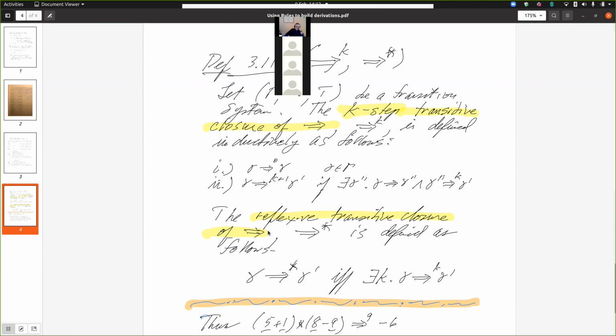And so this is the K-step transitive closure. And then the reflexive transitive closure of arrow, arrow star, is defined as follows. Gamma arrow star goes to gamma prime if and only if there's some K such that gamma goes in K steps to gamma prime.